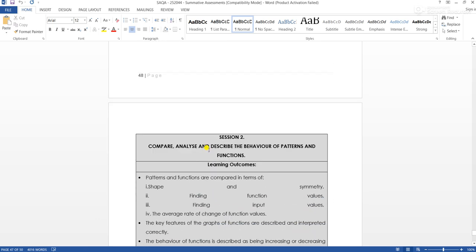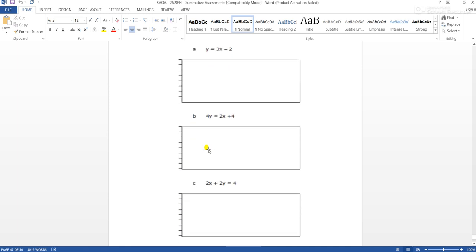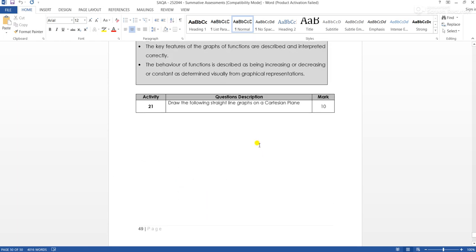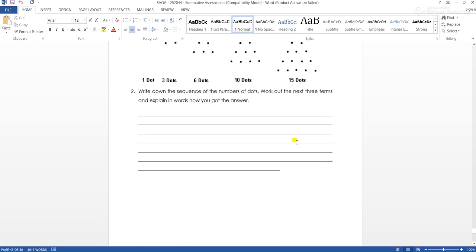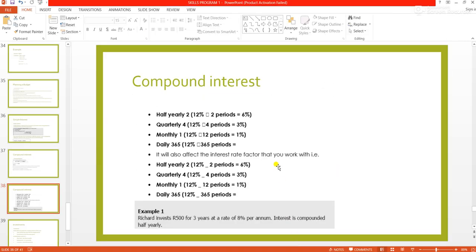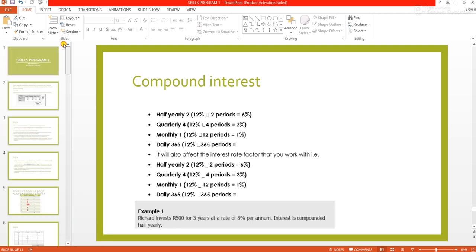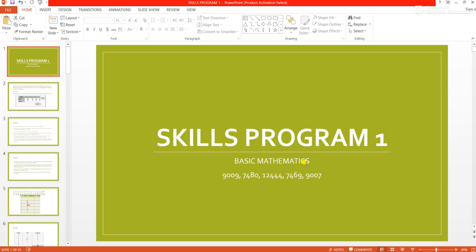Just extract your answers from your formative to summative, and that's it, with unit standard 9007, and we are done with skills program 1, basic mathematics.